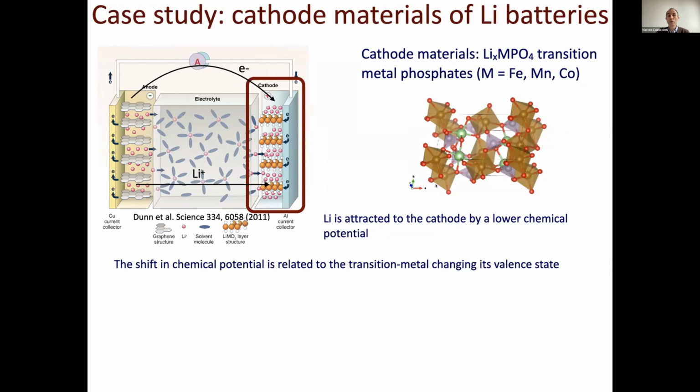So if we want to run calculations that are quantitatively predictive for this class of materials, we need to be able to capture this chemistry, basically the redox chemistry of the transition metals that enter the composition of the cathode materials.